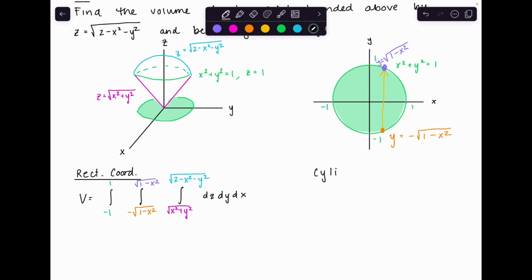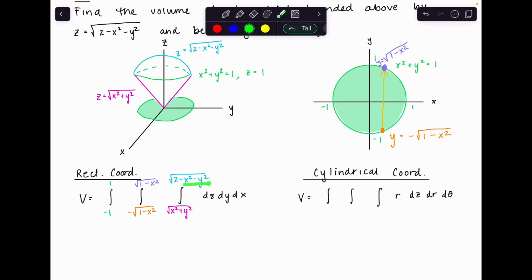Then I'm going to set this up in cylindrical because, again, it's got polar in the xy direction. And this is the one that we did actually integrate through, required a u-sub. So setting up our triple integral, the inside became r, dz, dr, d theta.